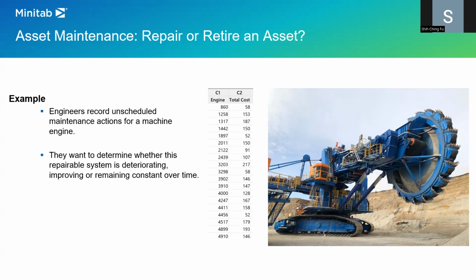So I have to fix it. For this typical engine, the engineer records the unscheduled maintenance action, which means the machine suddenly failed. I have to identify and fix it. Then maybe after some hours, it fails again, and I record it and I have to fix it.